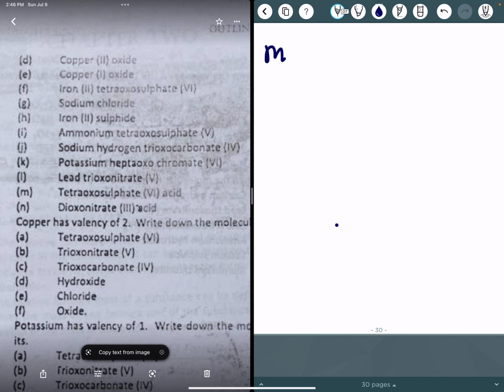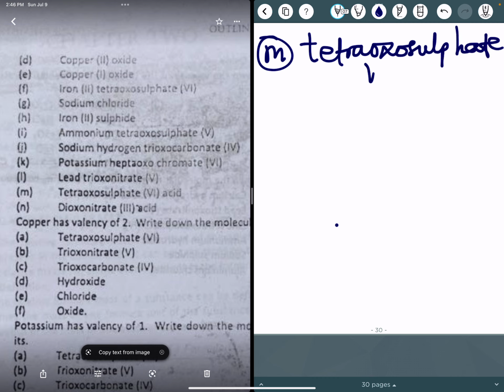Then M is what? M is tetraoxosulfate 6 acid. Take note, everything should be on a single line, so yours can be on a single line without breaking.